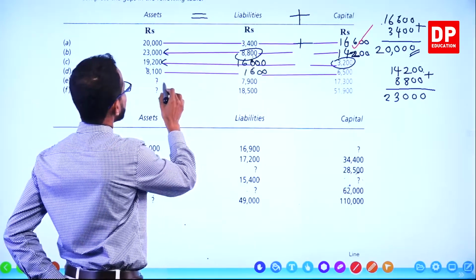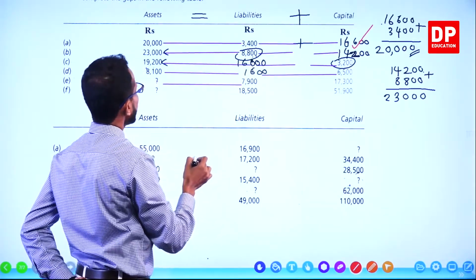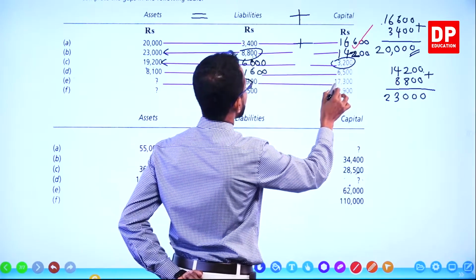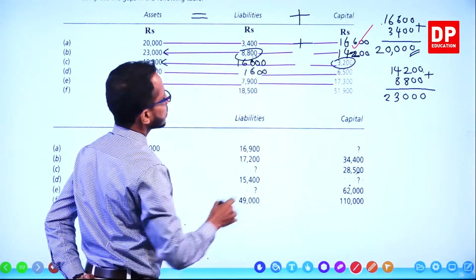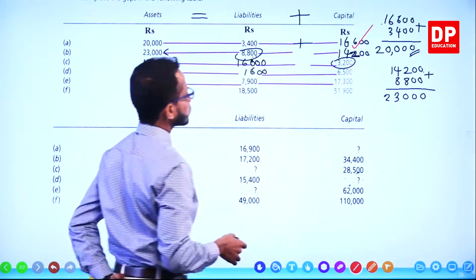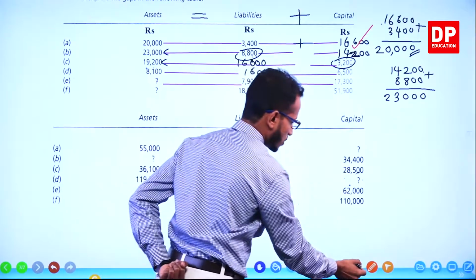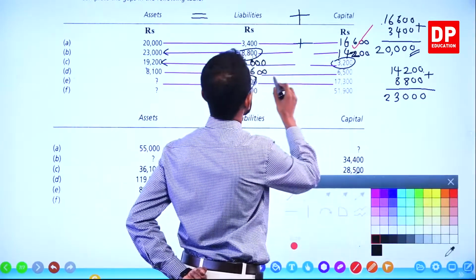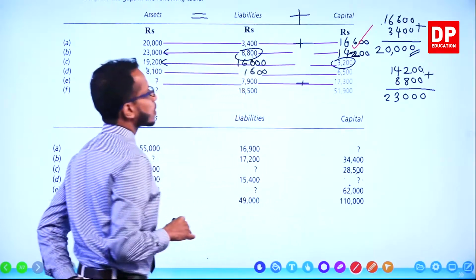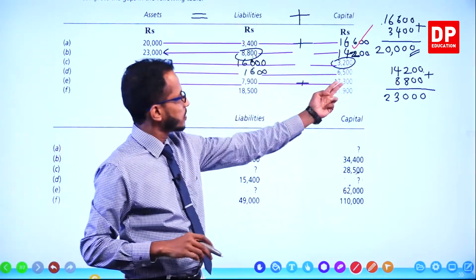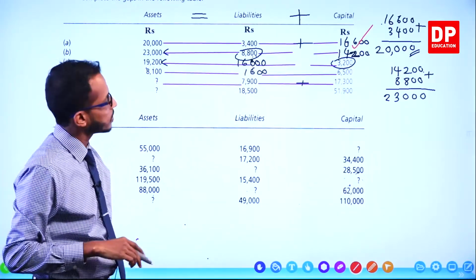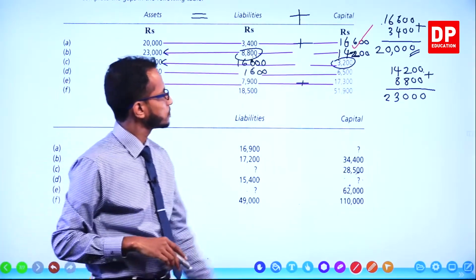We don't know the assets now. But we have 7,900 worth of liabilities and 17,300 worth of capital. Now it's easy. What we are going to do is add these two. 17,300 plus 7,900. How much?